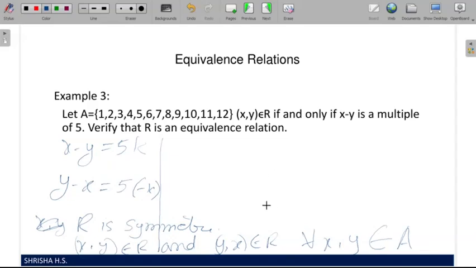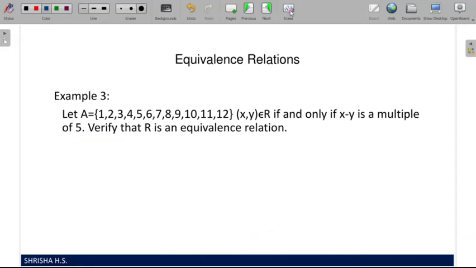So we now know R is symmetric. Now we will check whether it is transitive or not.